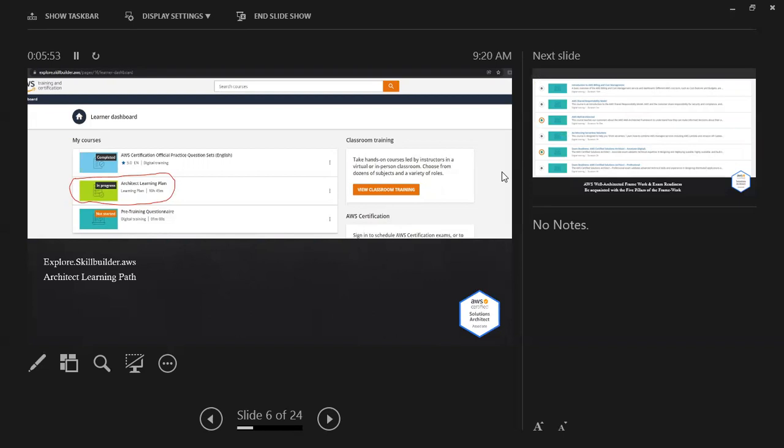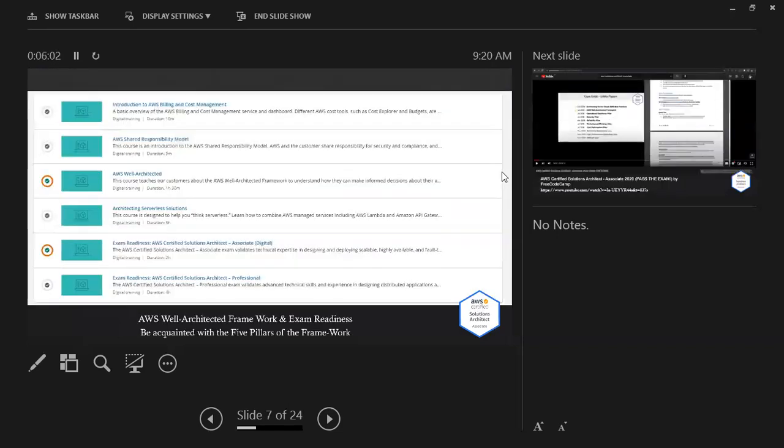It gives you a blueprint of what to read, and in this you also see the AWS Well-Architected Framework and exam readiness.